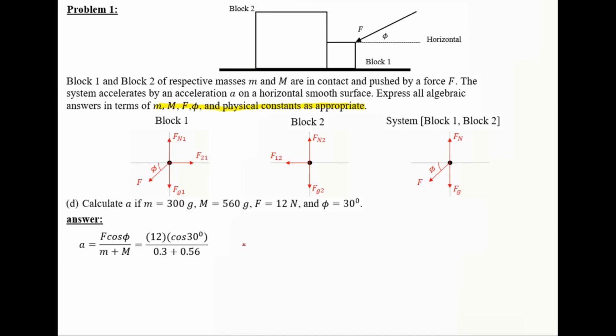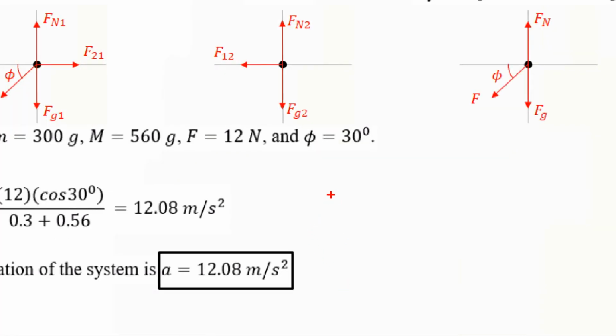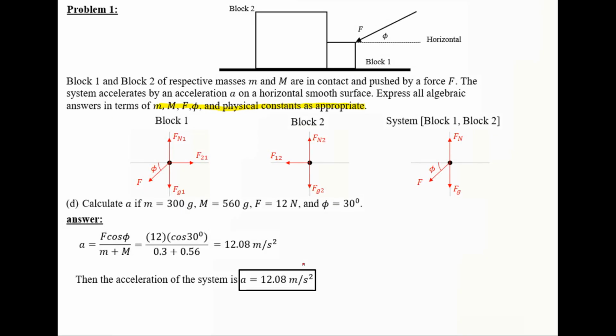Now the acceleration is given by that, replacing the values and plugging that into the calculator, we have the value of the acceleration to be 12.08 meters per second squared. And this is a relatively large acceleration, because we know that the acceleration due to gravity is 10 meters per second squared, which is already pretty large. So what about 12? It's relatively large.